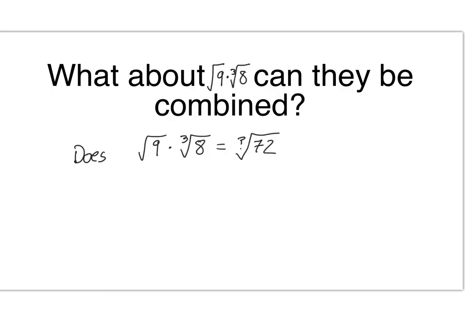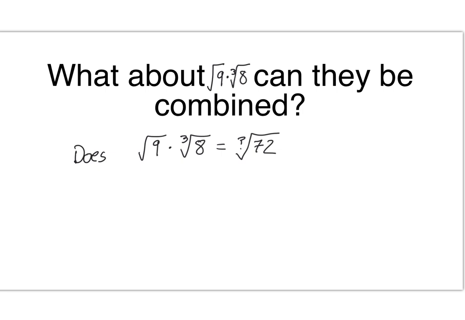What about that? Square root of 9 times the cube root of 8. Can they be combined? Does the square root of 9 times the cube root of 8 equal something like the root of 72, because 9 times 8 is 72? Can they be written like that?